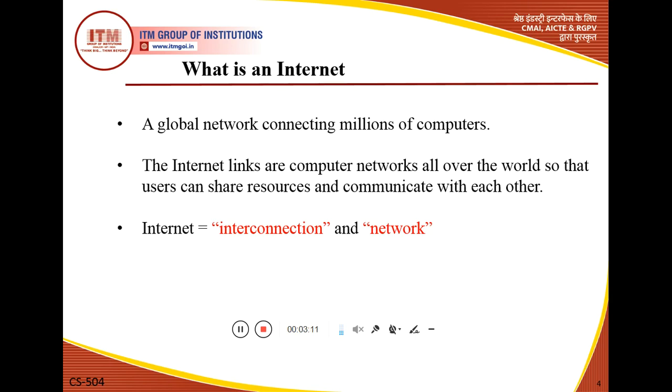Because the term Internet is defined as a combination of two words. And what are these two words? Internet can be broken into two words. The first word is inter and the second word is net. So inter means interconnection and net means network.